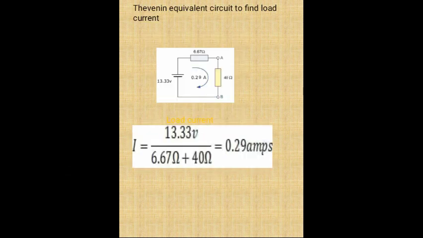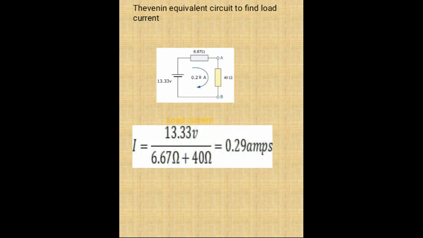In step 3, now we draw the Thevenin equivalent circuit. So the Thevenin equivalent circuit is a 13.33 volt source and a series resistance of 6.67 ohm. Next we attach the load resistance, that is 40 ohm, and calculate the value of current in 40 ohm.